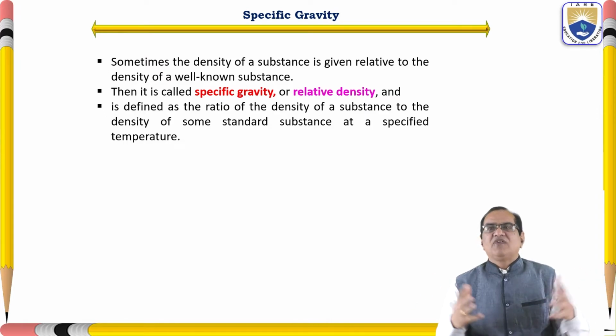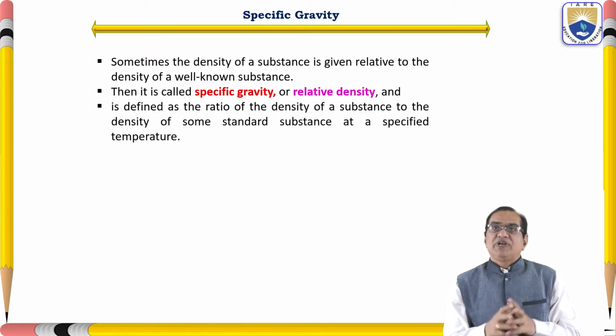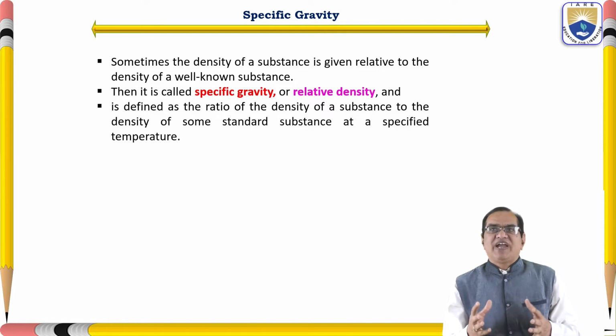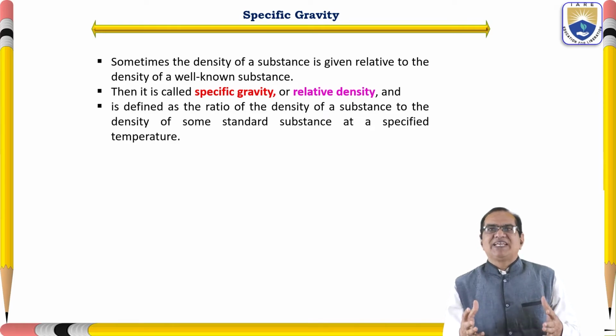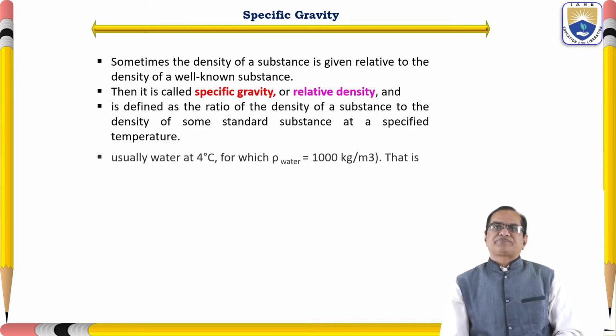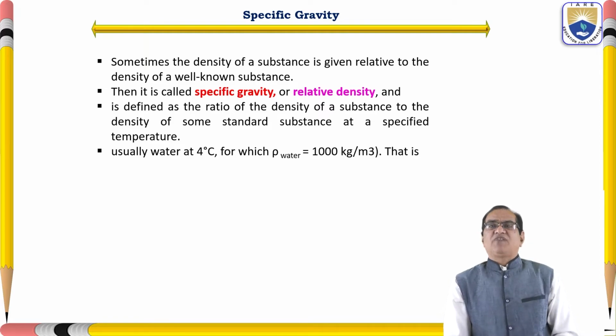Usually it is water at 4 degrees centigrade, for which the density of the water is 1000 kg per meter cube.